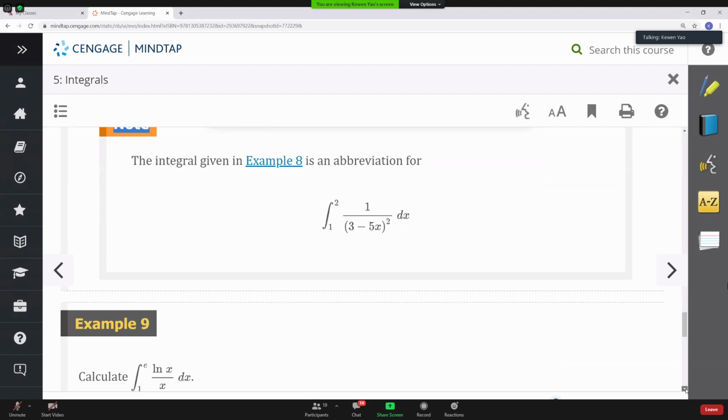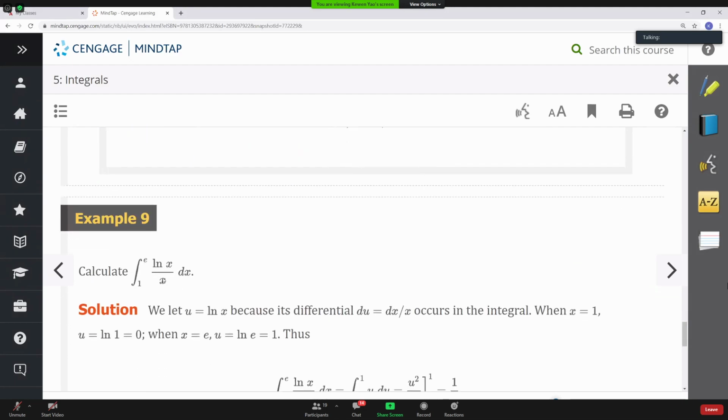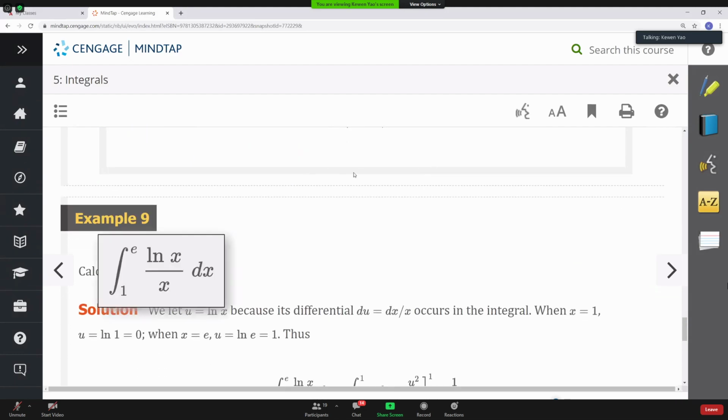Okay, let's do this example. Everybody please try this example by yourself without taking a look at the textbook. Please find the answer: the integral from 1 to e of ln x over x dx.